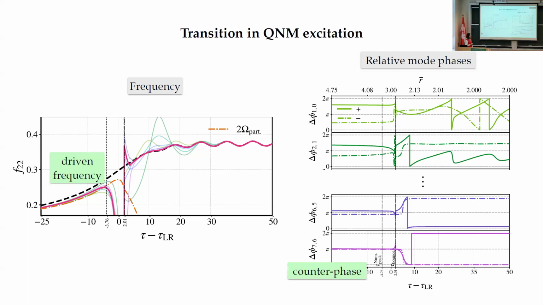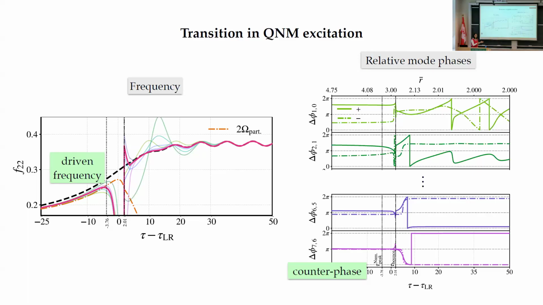So what you see at early times is that the frequency is being driven by the frequency of the particle, which is this dot-dashed orange line. And the phases are approaching pi. So the modes are being excited in counter phase.